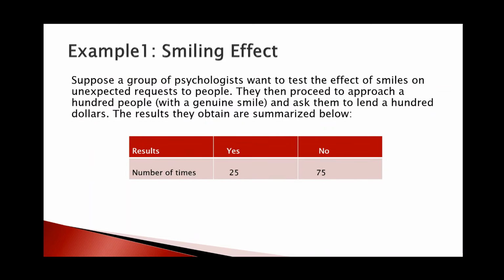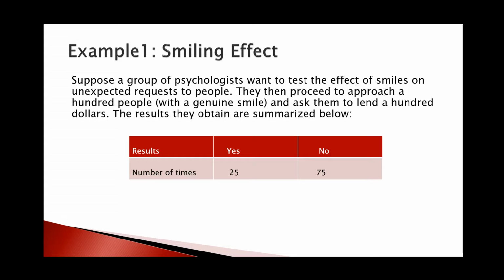Now let's apply the formula we just learned to an example. Suppose a group of psychologists want to test the effect of smiles on unexpected requests to people. They then proceed to approach 100 people, with a genuine smile of course, and ask them to lend $100. The results they obtain are summarized below.